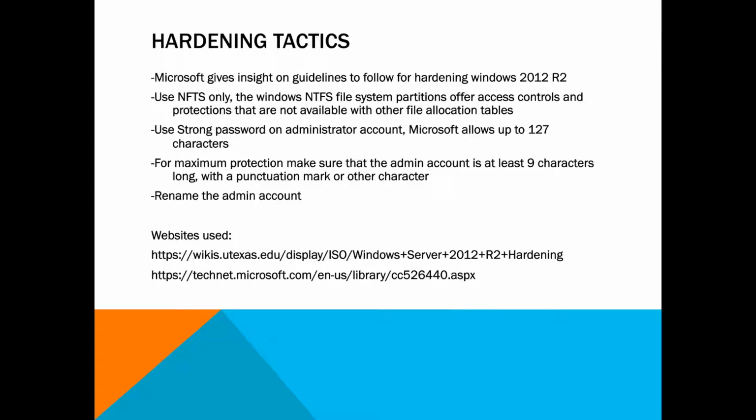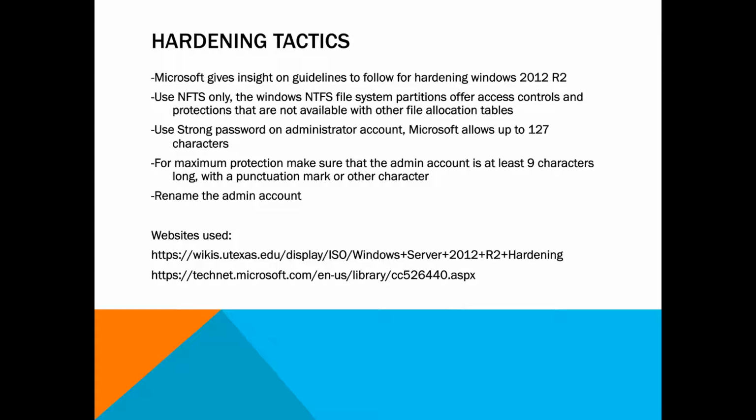Some hardening tactics would be Microsoft gives insight on guidelines on how to follow hardening Windows 2012 R2. So basically, the website at the bottom, Microsoft gives you guidelines step by step of how to harden Windows 2012 R2. And here are some basic steps that I grabbed off the website and kind of filtered through.